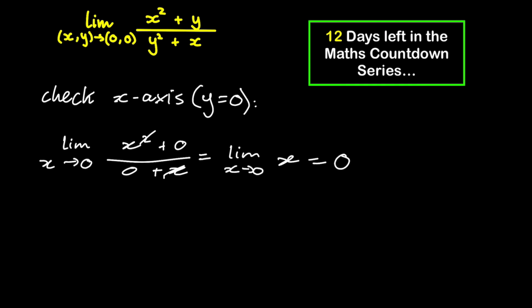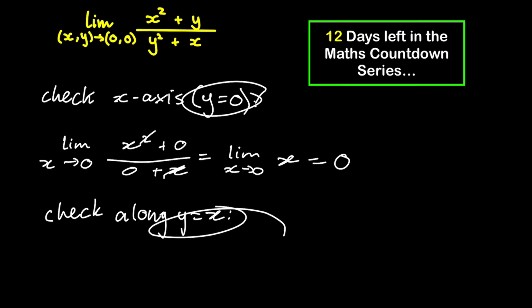Now we have to see if this limit is the same when we check it along another path. So let's check it along y equals x. Now you may be asking, why did I choose y equals x, and why did I choose y equals 0, or the x-axis? It doesn't really matter what you choose to test it along, because it should be equal on all of the tests that you do.